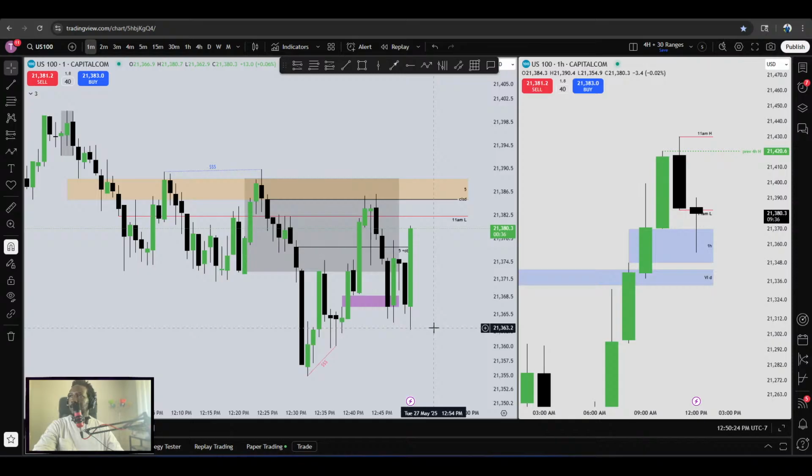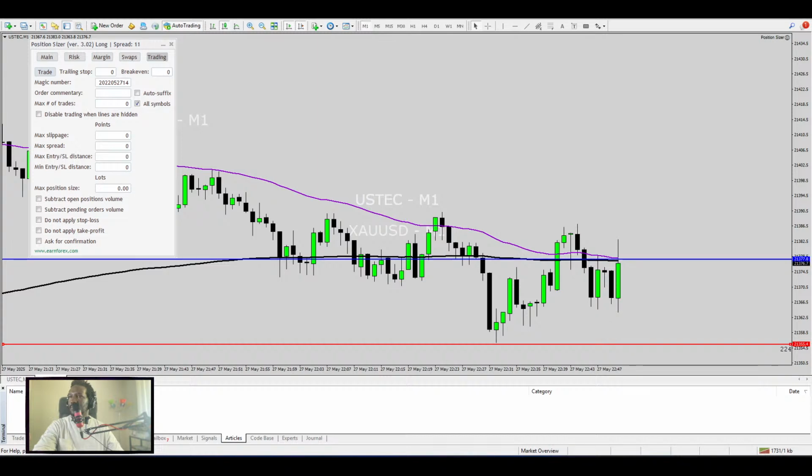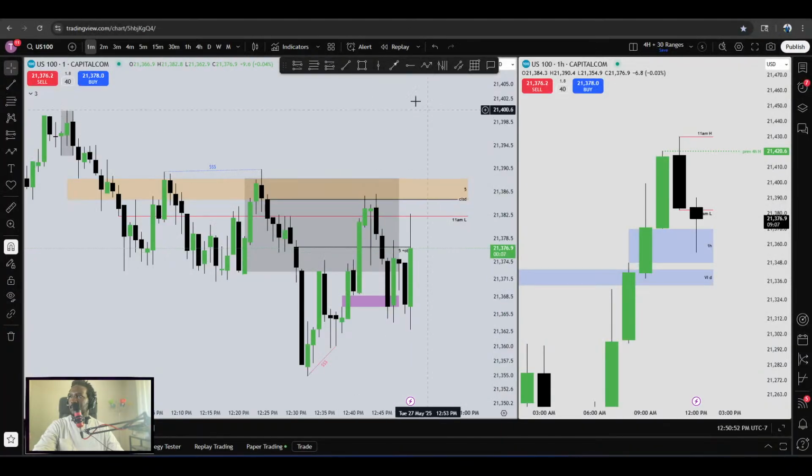Okay, we've taken these lows. Now we're shooting up. What is this ninja gonna do? We had that fair value gap over there, so it's good because we've taken that low, so that's okay.